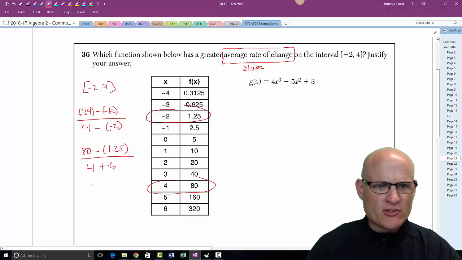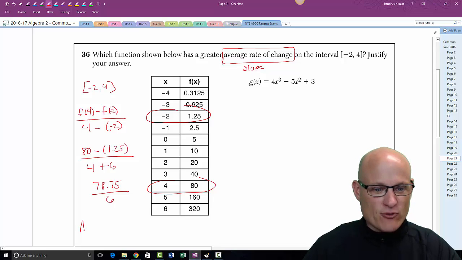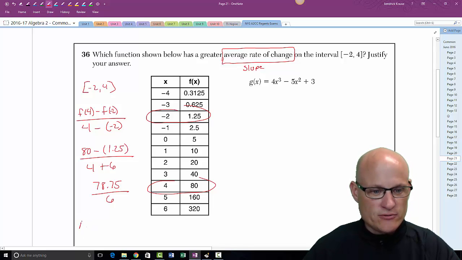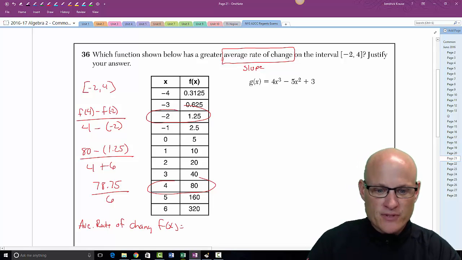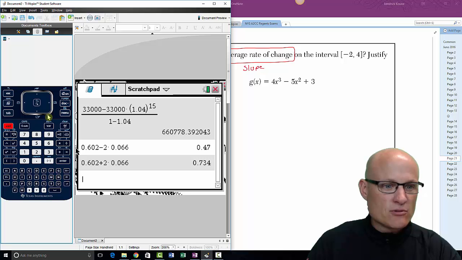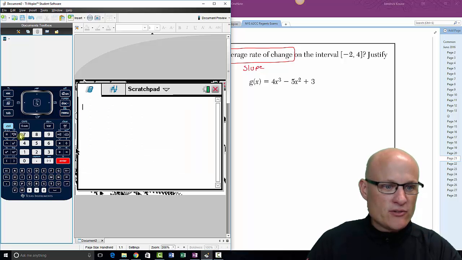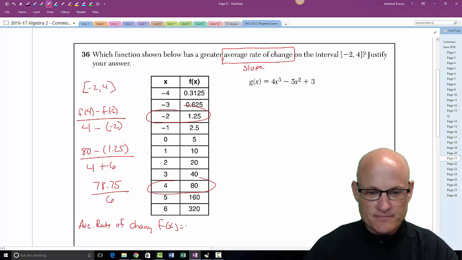So 80 minus 1.25 is 78.75 over 6. The average rate of change for f of x is 78.75 divided by 6, which is 13.125.